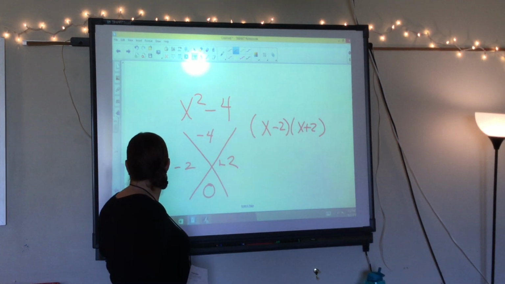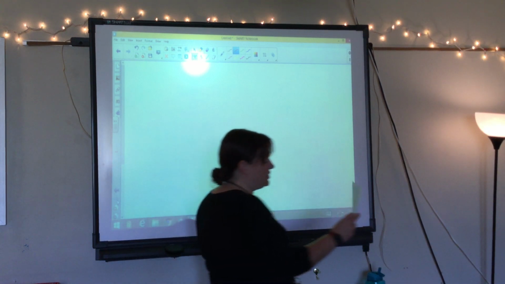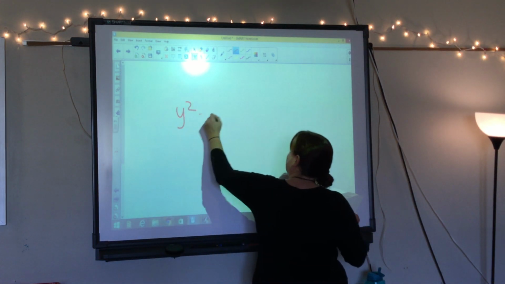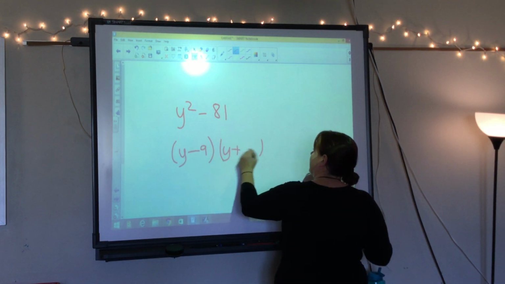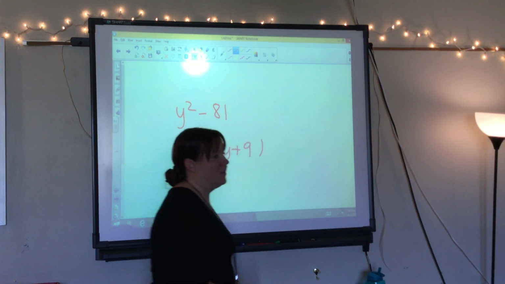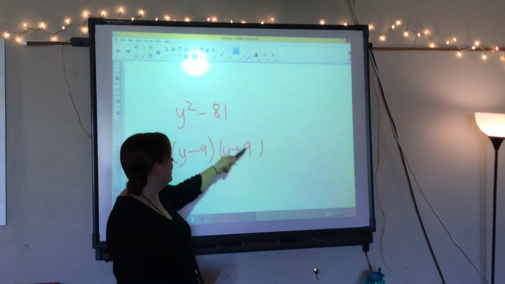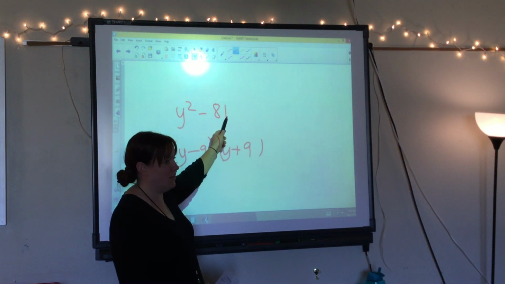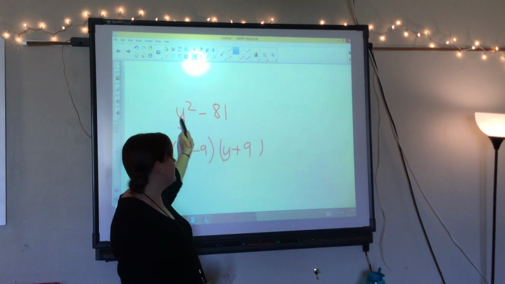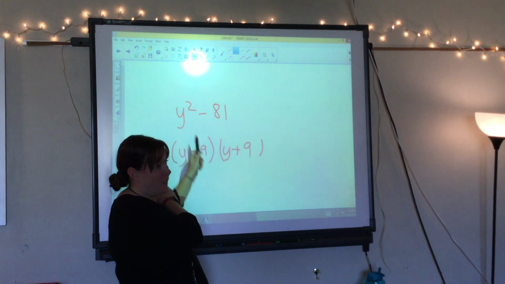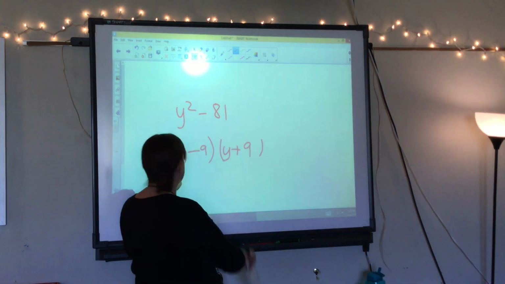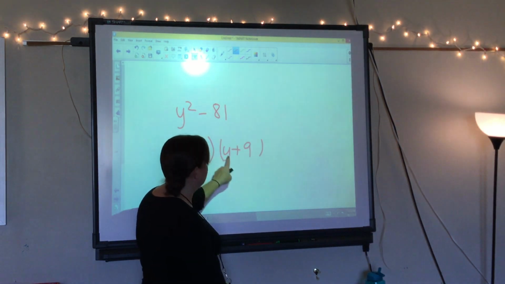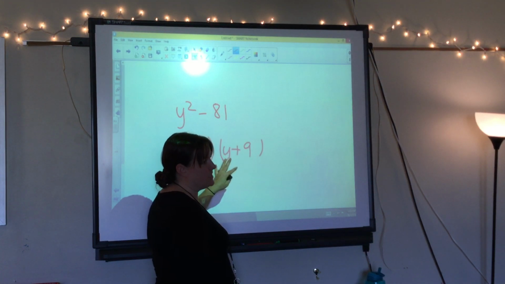It's going to be x minus 9, because 9 squared is 81, and y squared is y squared. So it's always going to be x minus a number and x plus a number every time if it's the difference of squares.